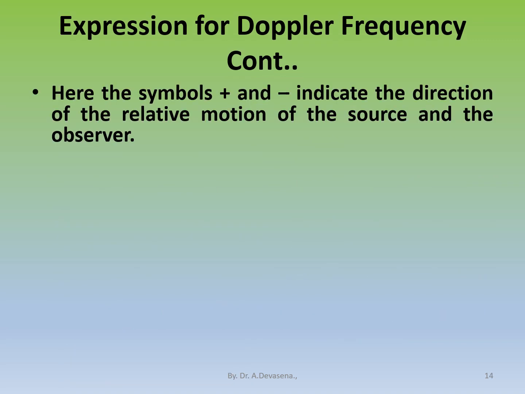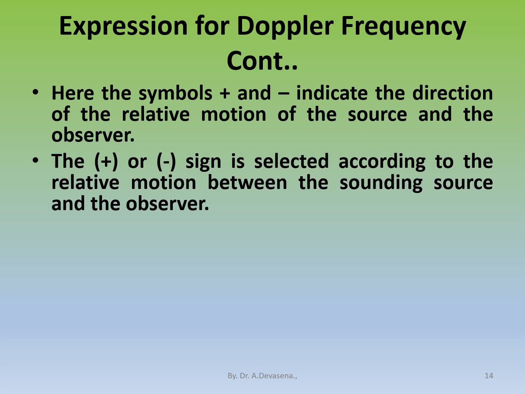Here the symbols plus and minus indicate the direction of the relative motion of the source and the observer. The plus or minus sign is selected according to the relative motion between the sound source and the observer.